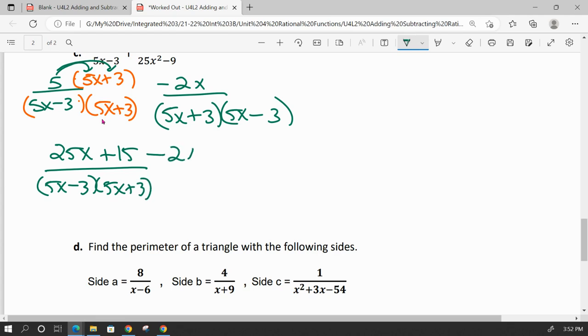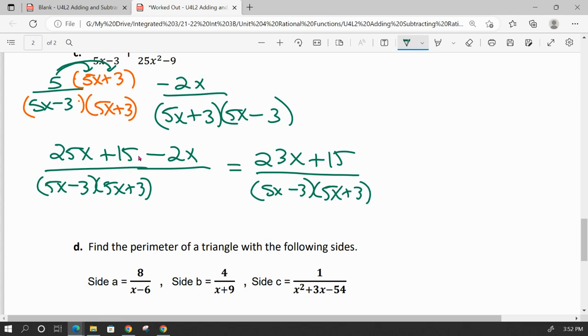Actually, just bring the minus 2x. They already have the same denominator, so we distribute and bring that minus 2x along. Now combine your like terms. 25x minus 2x is 23x plus 15 in the numerator, and then 5x minus 3, 5x plus 3 in the denominator.